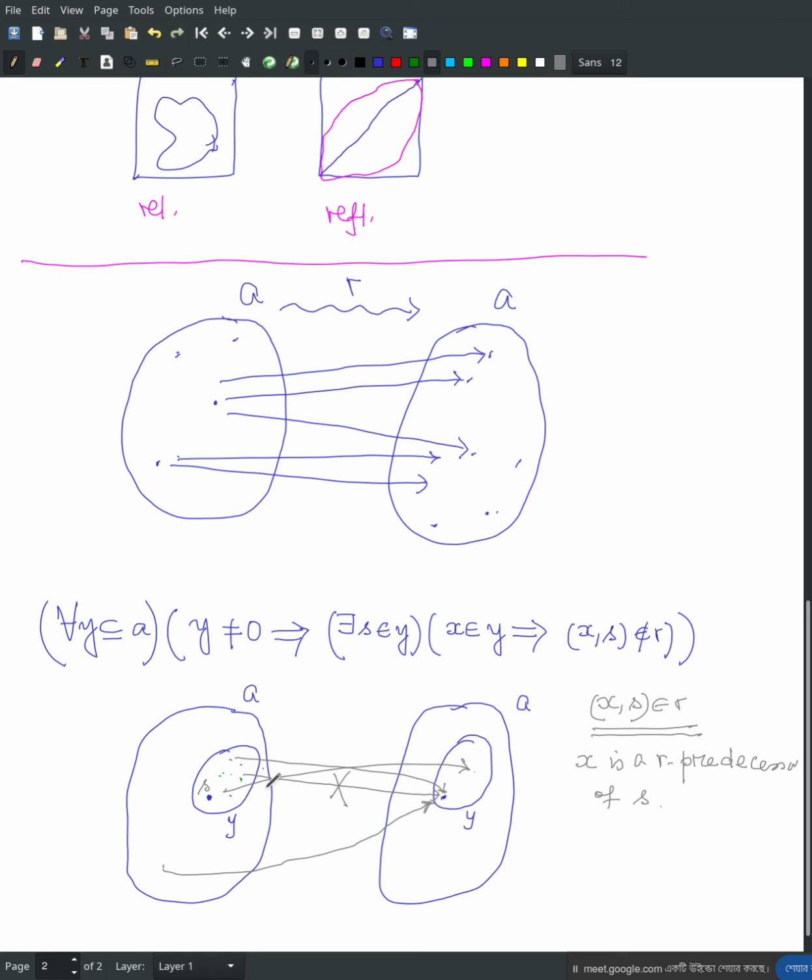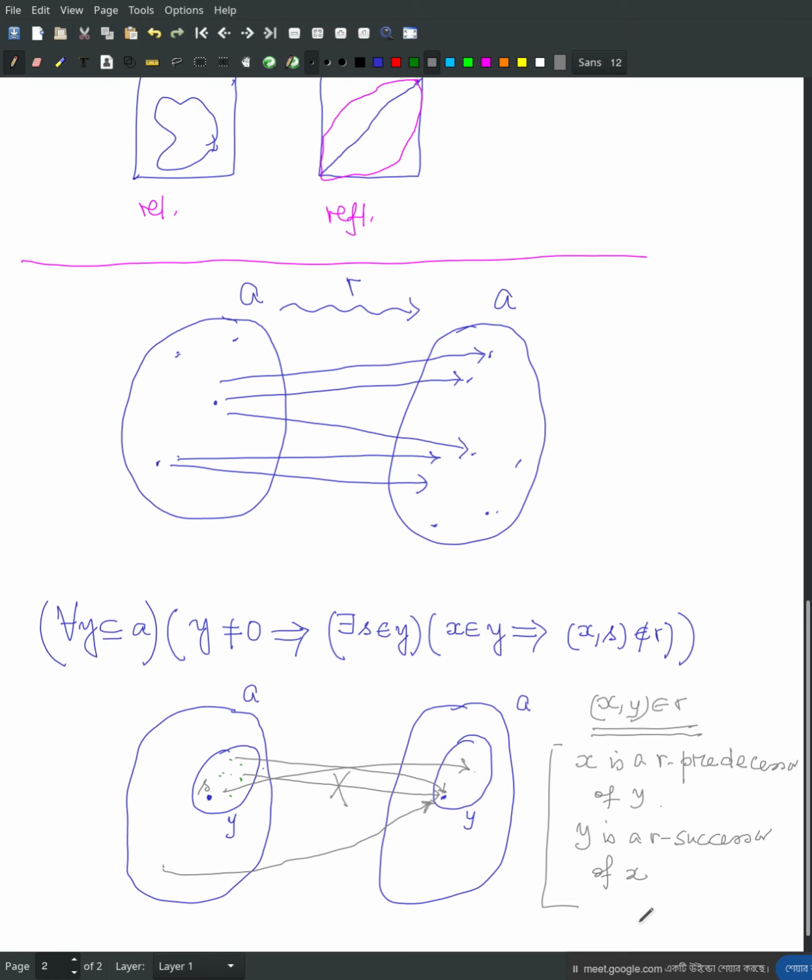Everything is possibly a successor. So that means we will say X is an R predecessor of S, and Y is an R successor of X. So what I am trying to say is that this element S may have successors in that set, but does not have any R predecessor in that set.